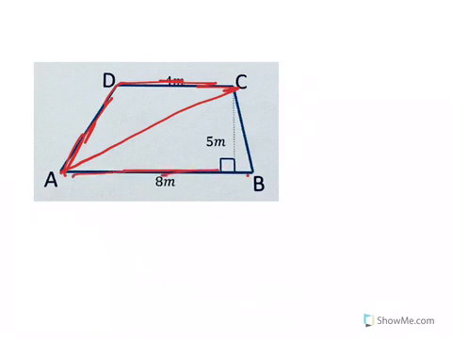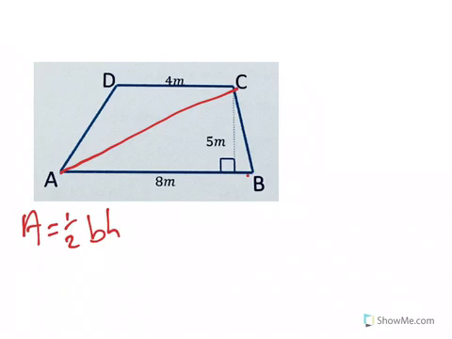We have a triangle here, and we have a triangle here, right? So we know, again, area of a triangle is 1/2 base times height.